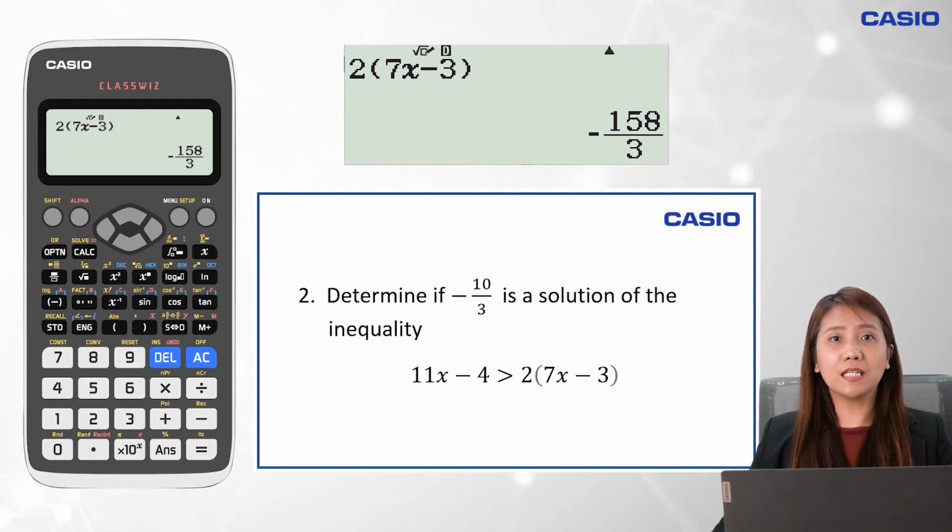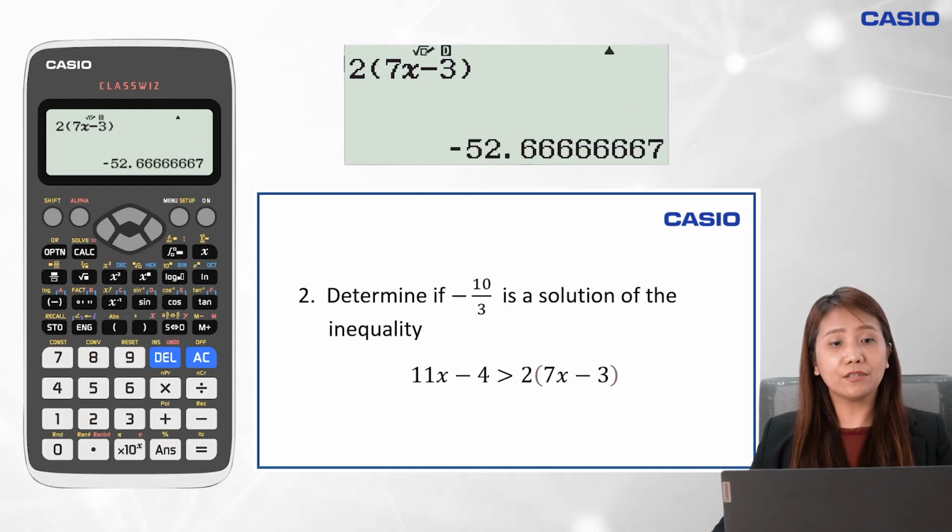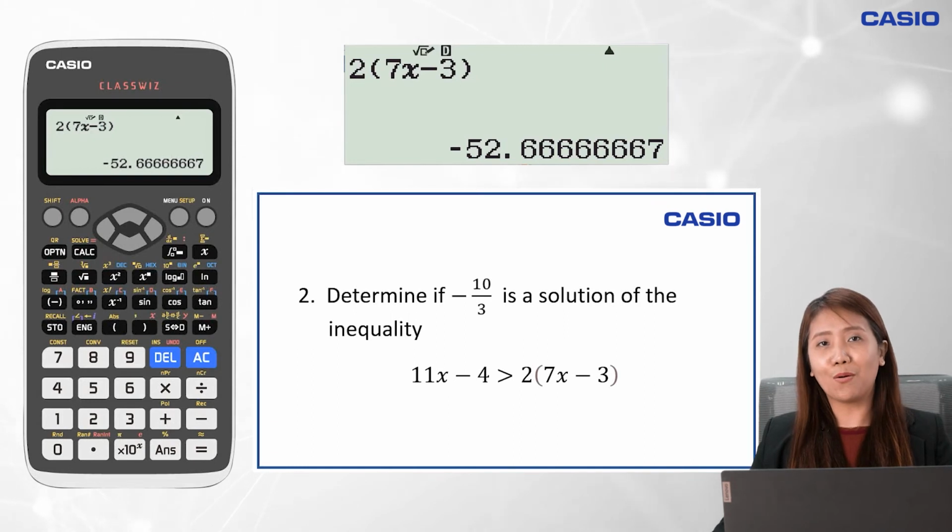To change to decimal, let's press SD, and the value is approximately negative 52.67. Since the first side, negative 40.67, is greater than the second side, negative 52.67, which satisfies the given, then negative 10 over 3 is a solution of the given inequality.